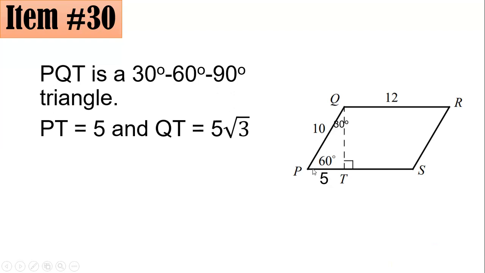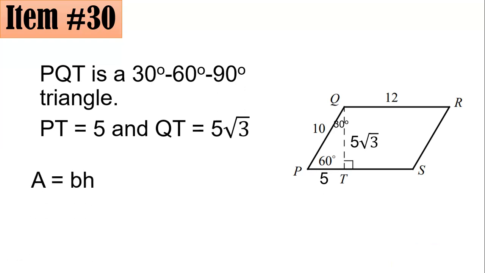That's why the side opposite 30 degrees is half of 10, or 5. And the side opposite the 60-degree angle is square root of 3 times the side opposite the 30-degree angle. So 5 times square root of 3, that's 5 square root of 3 here.